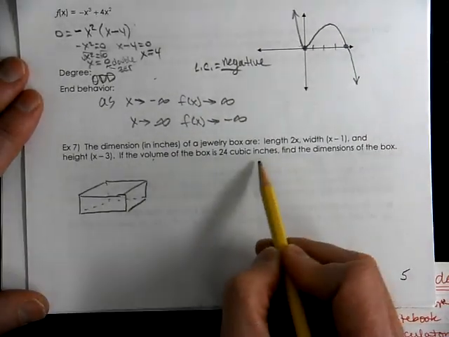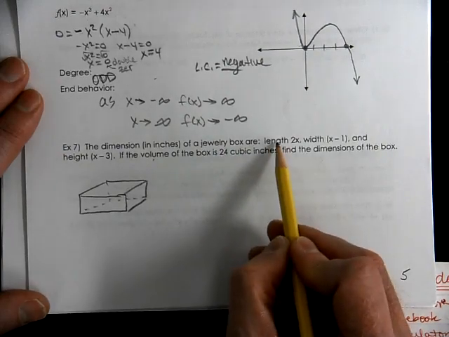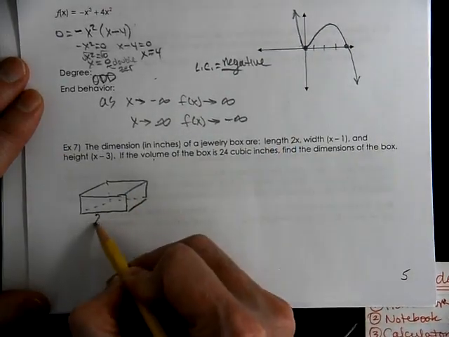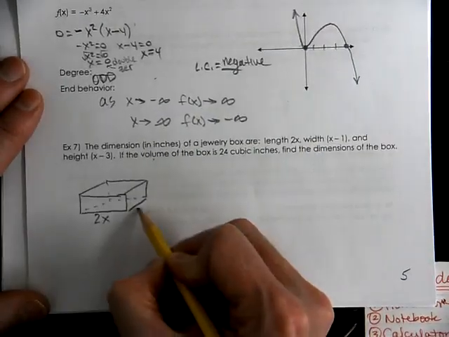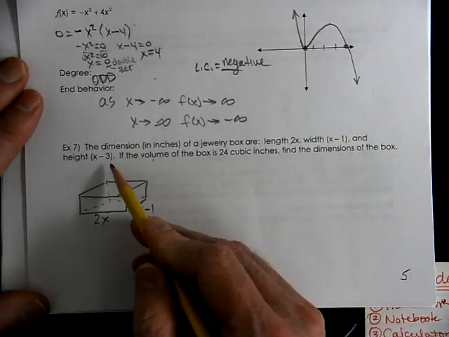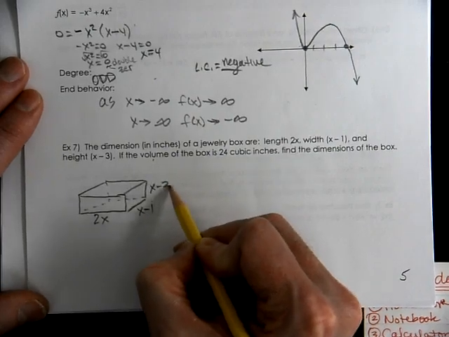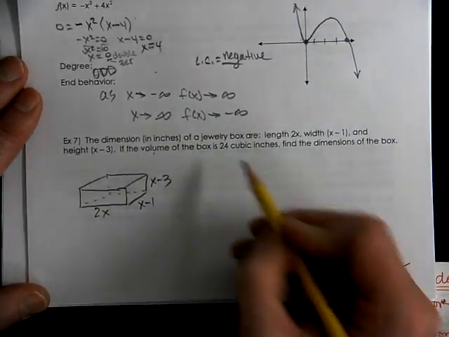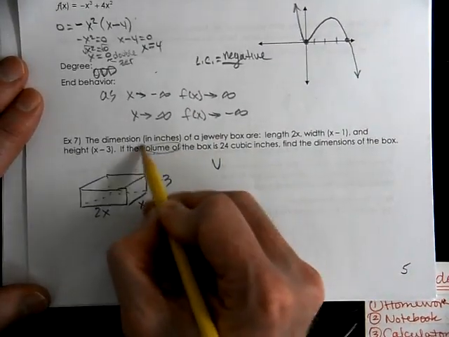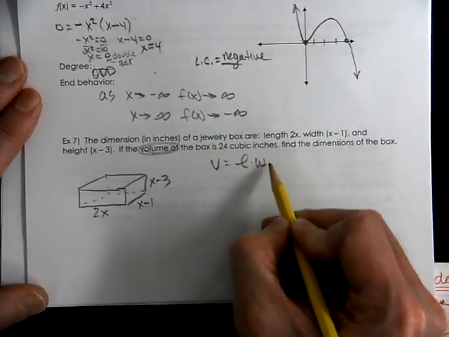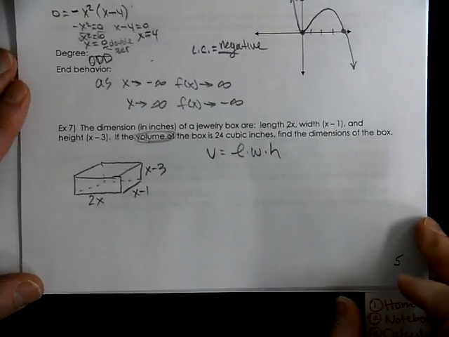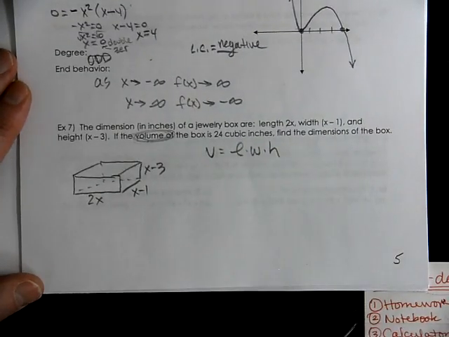So the volume of it is going to have the length, we'll call that the front side, the width, how far back it goes, and the height, x minus 3. So we know that volume, this is a volume question, is going to be length times width times height. That's how you calculate the volume of a rectangular prism.